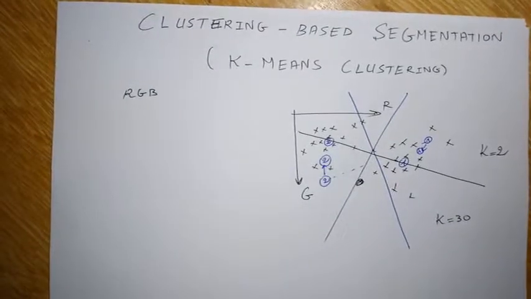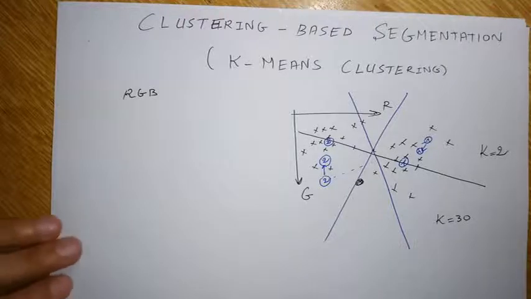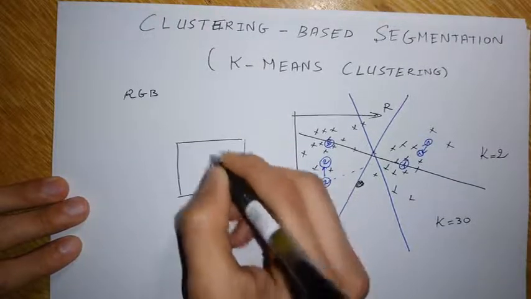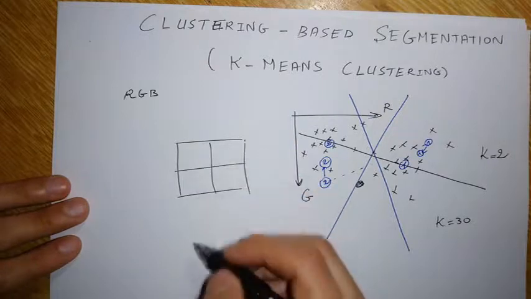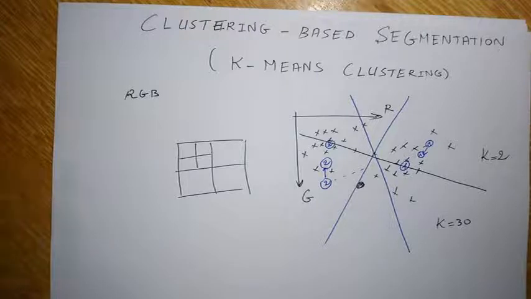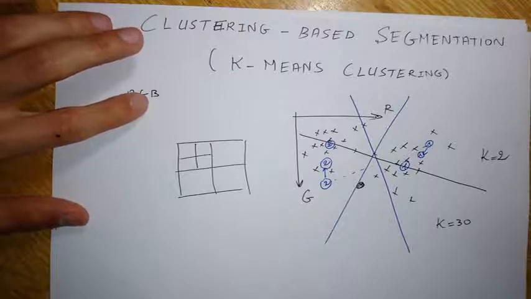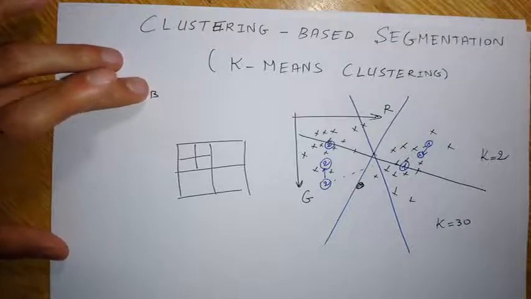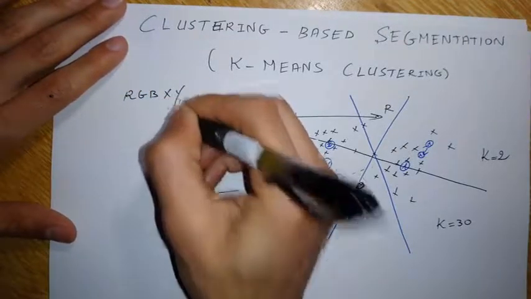Remember, in the split and merge segmentation technique, I said that we first have to split the image. I said that in the beginning we split the square into 4, and then we go ahead and do the splittings by 4 by 4. We get at the end a quadratic tree. Another way to do the splitting is using this method, but instead of using only RGB as features, we have to apply some local constraints by including the x and y coordinates.